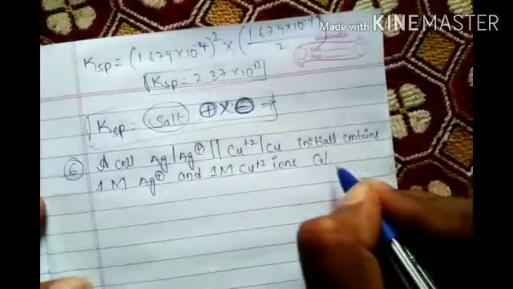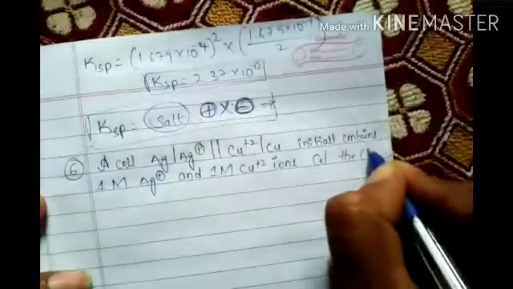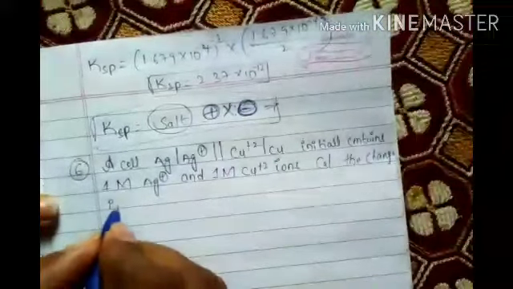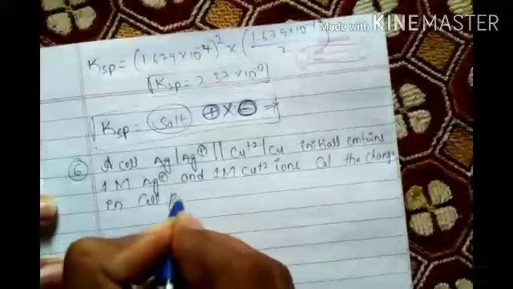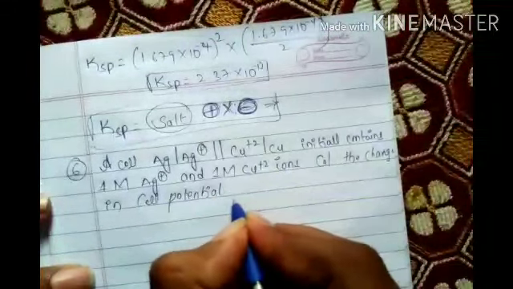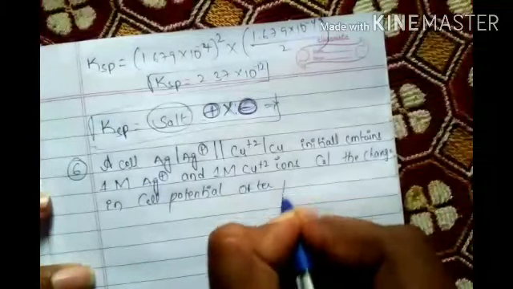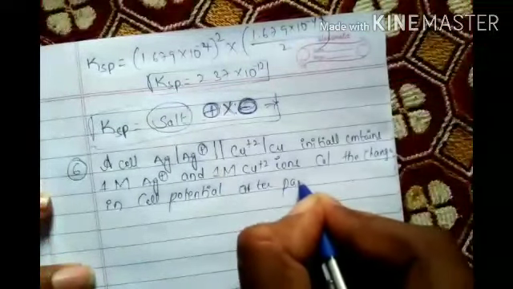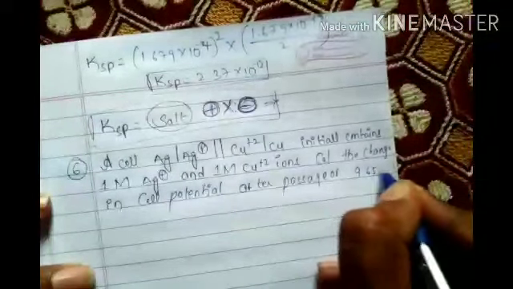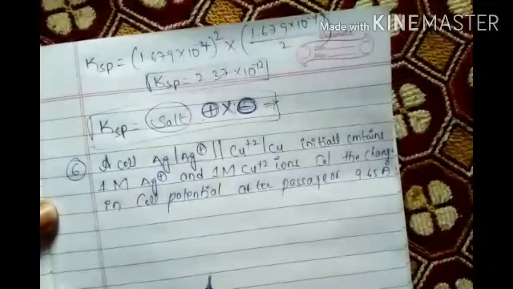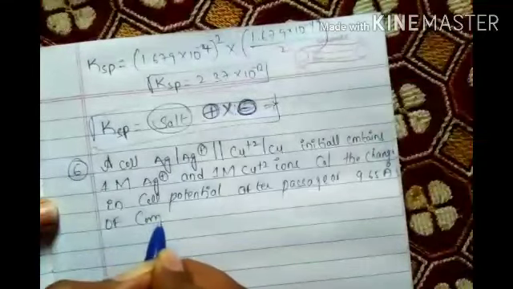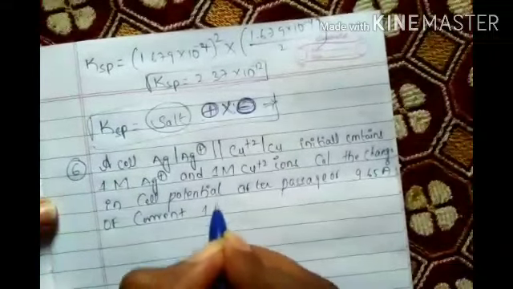Calculate the change in cell potential after passage of 9.65 ampere current for 1 hour.